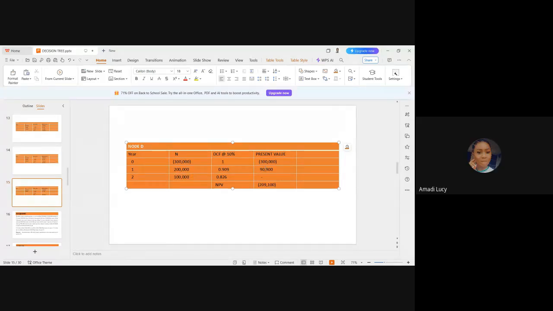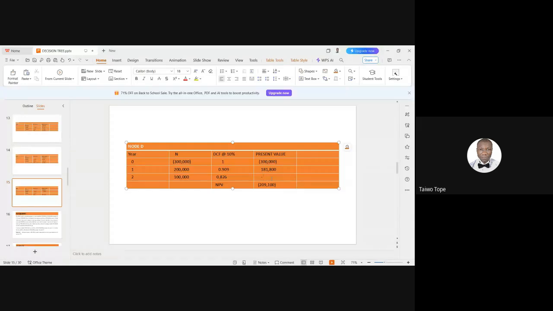100. And these will also change. I believe everybody knows how to derive these discount factors. We've been talking about it. You solve questions on them. So this is a build up on that knowledge. So 200,000 multiplied by 0.909 is 181,800.